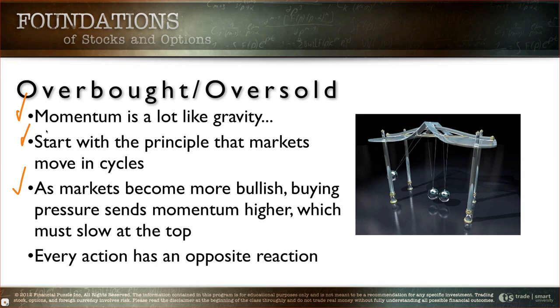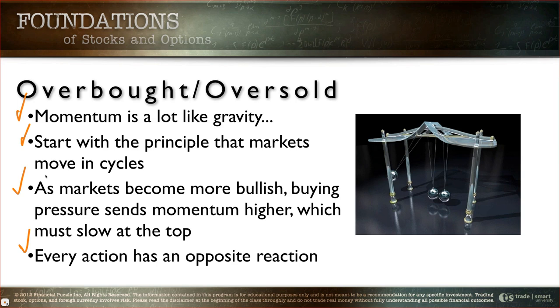And as that slowing comes in, you have a cycle that comes in the opposite direction. That's where I came up with this statement here, which obviously is not my statement: every action has an opposite reaction. It's very much like the laws of physics. That's one of the principal laws of physics. Every action has an equal and opposite reaction. Well, the stock market is the same way.